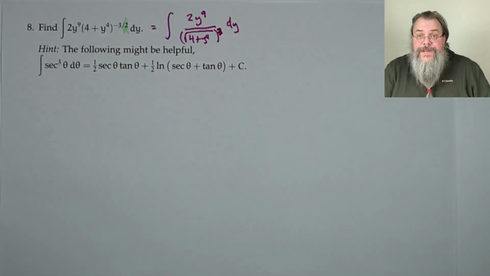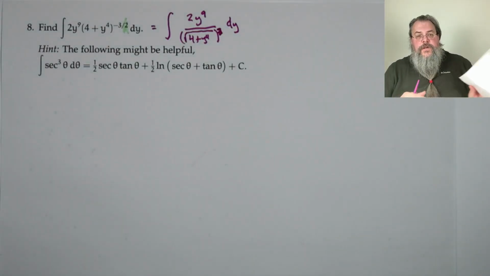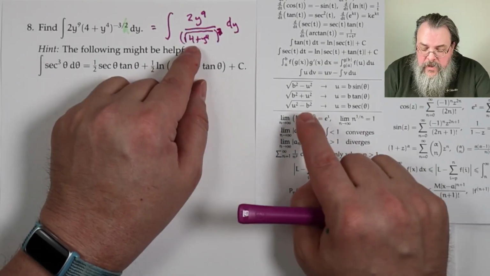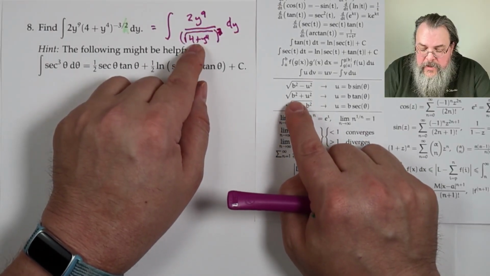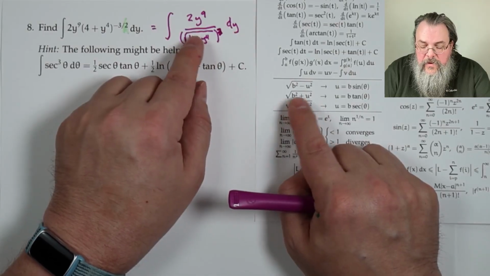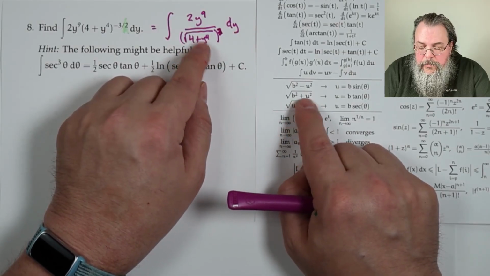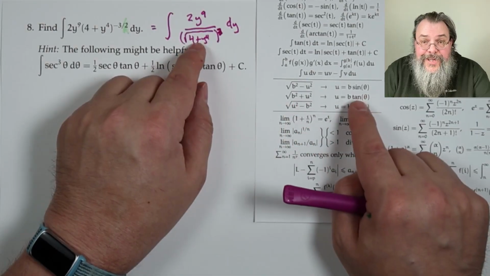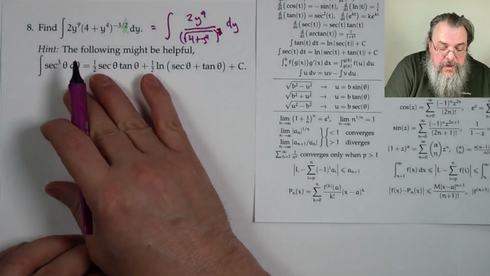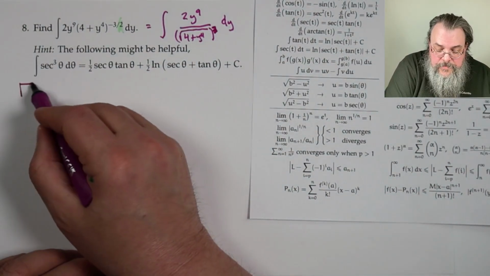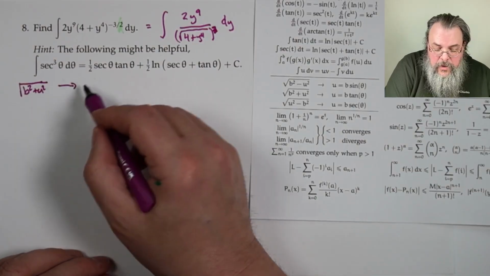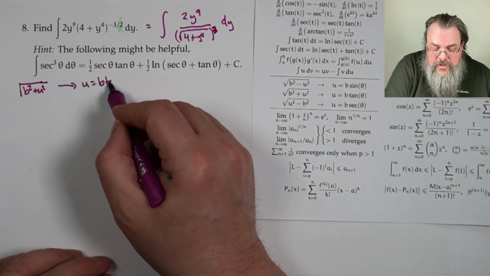Now, when we think about trig substitution, we have to remember which one goes where. Looking at our formula sheet, we see number squared plus varying thing squared. So the plus says we should be thinking tangent. Let me make some notes here. The square root of b squared plus u squared tells us we should make the substitution u equals b tangent theta.